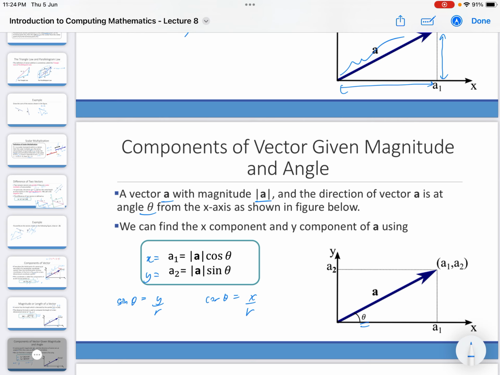If we bring r to the left side, we have y equals r sin theta, and x equals r cos theta. Theta is the angle between the line and the x-axis, and r is the length of this line. So this is where we get this formula. The length of this r equals the magnitude of A. So x equals r cos theta, y equals r sin theta, or we can replace r with the magnitude of A.